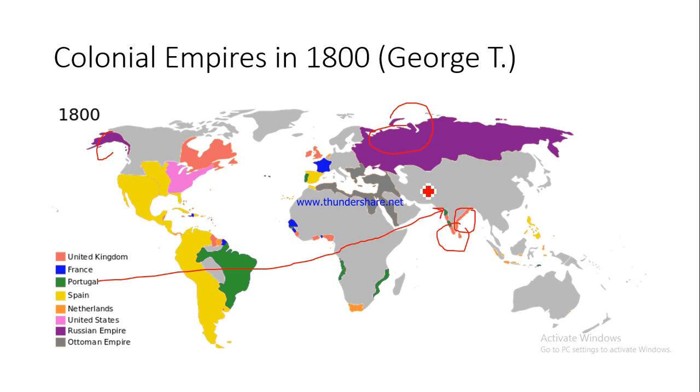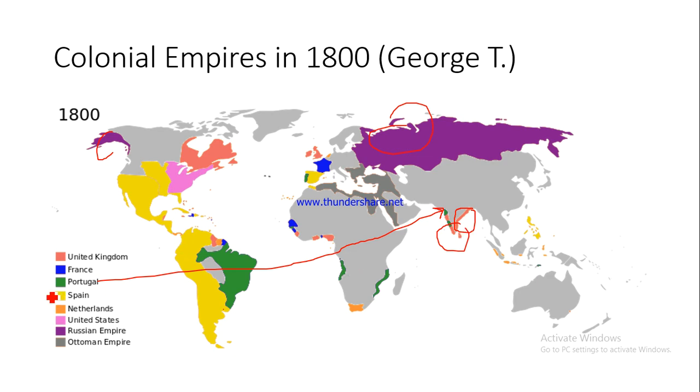Now please understand that even in 1900 there were so many parts in the Indian subcontinent which were free from colonial rule. However, they were ruled by princes and kings, so they were princely states. For example, you have heard of Jhansi, which was a princely state, or for example there are so many other examples which could be called the princely states. So still by 1800 the Britishers had not controlled the whole of the Indian territory.